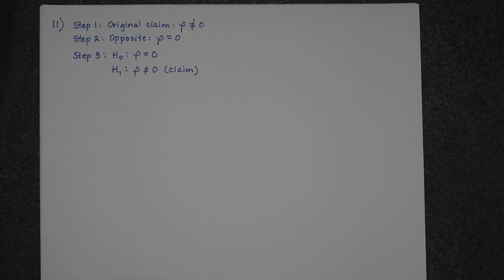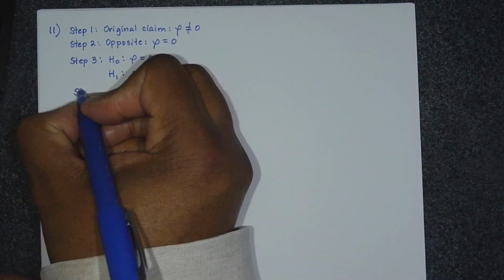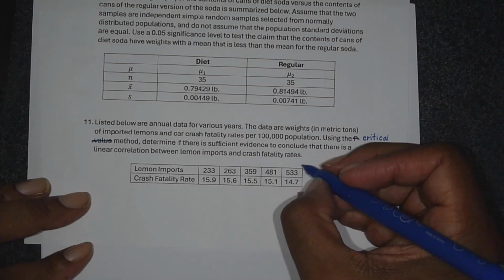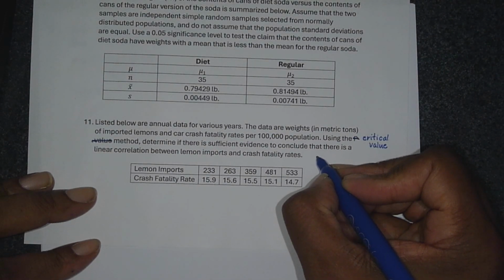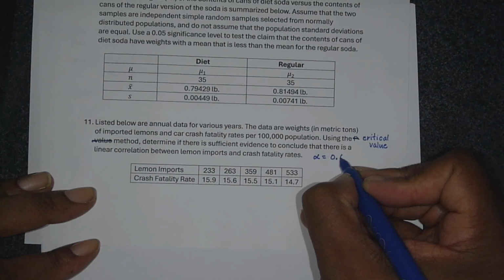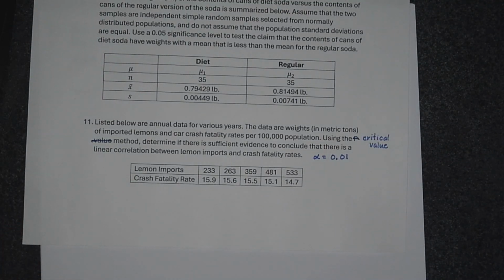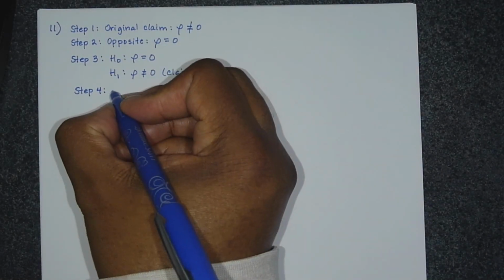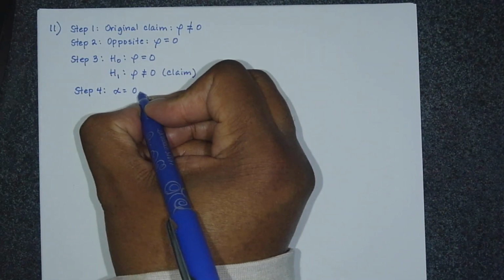And then with this one, unfortunately, I didn't mention the level of significance, but we're going to use a 0.01 level of significance here. So in this case, alpha is equal to 0.01.